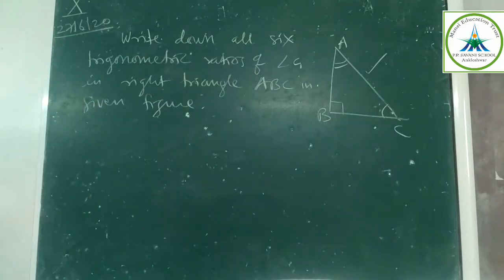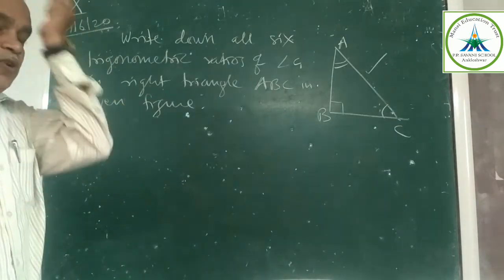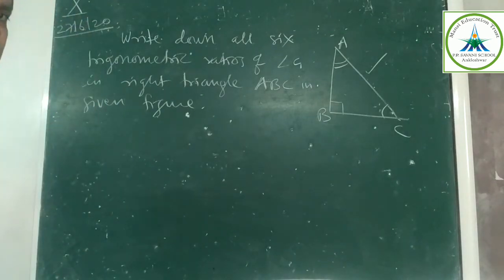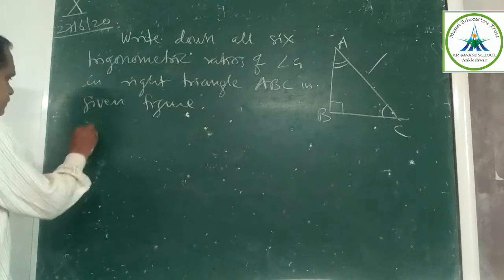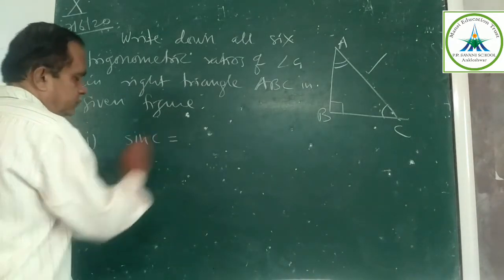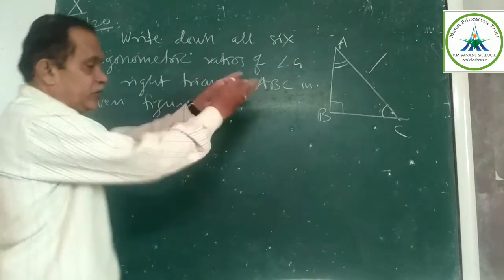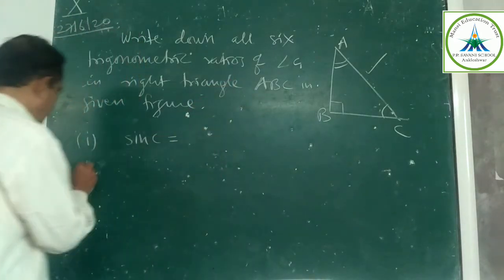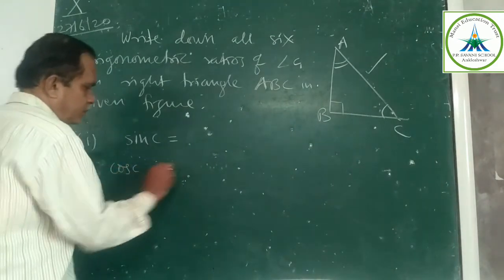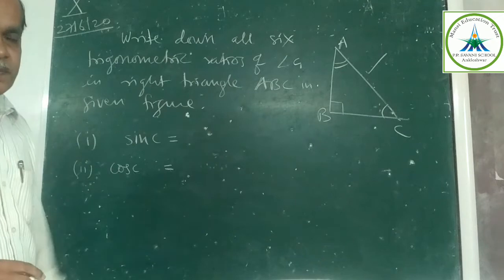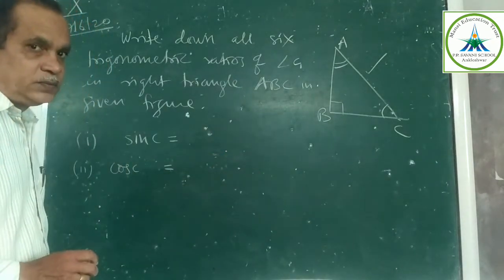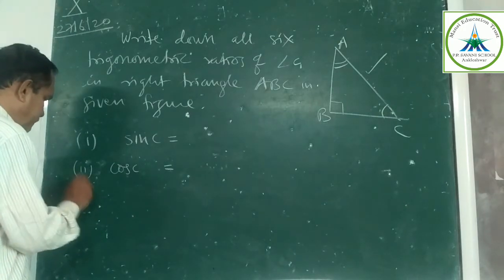Please write down all 6 trigonometric ratios yourself. Yes. Started writing. Good students are writing. Very good. Write the ratios, please. Yes, write yourself. I am leaving this incomplete for you.